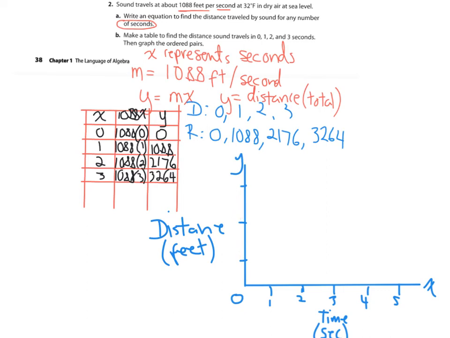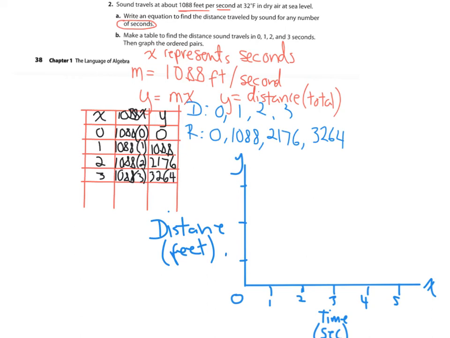Now I didn't write the numbers yet because I wanted to share with you that I'm going to use increments that fit best with these values. So I see that I have 1,000, then it jumps up to 2,000, then it jumps up to 3,000. So I believe an appropriate increment to use would be by 1,000.